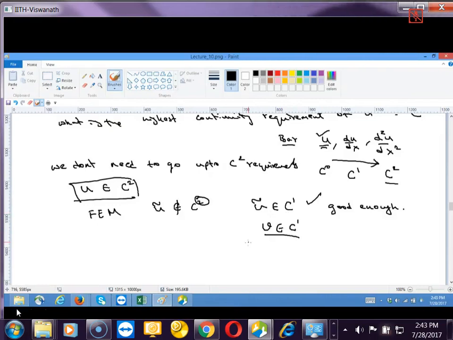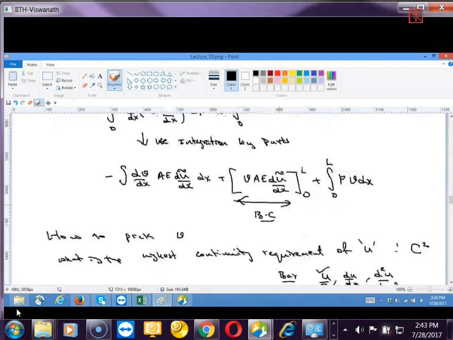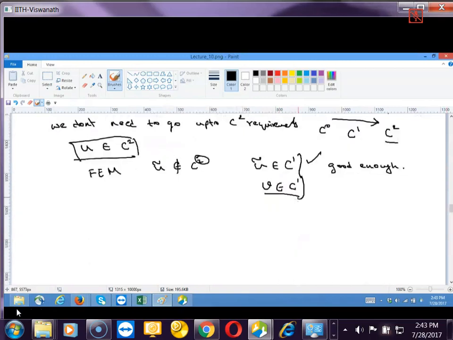Is this just enough? No. Because we are integrating it. If V belongs to C1, these two say that U tilde is continuous, du tilde by dx is continuous.